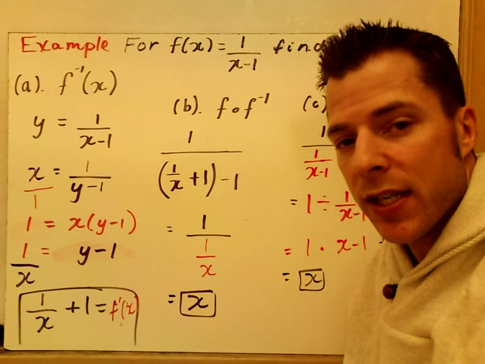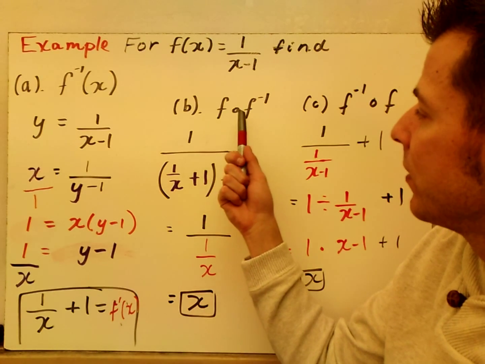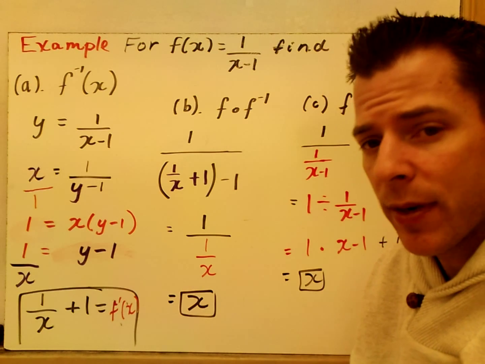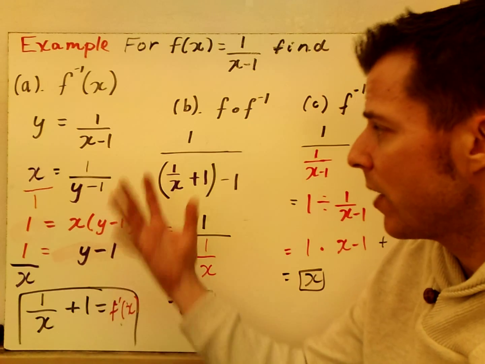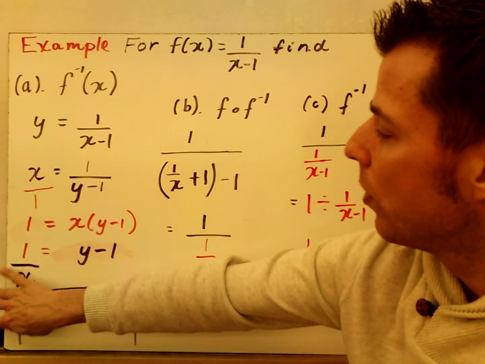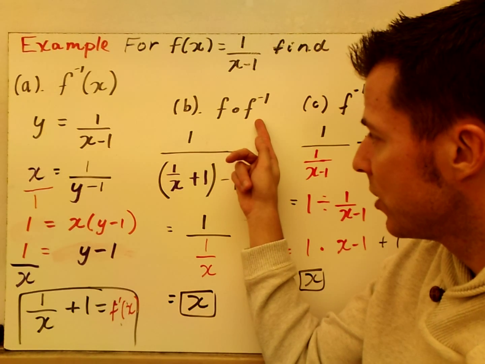Now, I do know this is the inverse. Mathematically we're correct, but let's just check. So f composed with f inverse. Now we've talked about composite functions before, so that's why I didn't redefine those composites for you. So what we have to do here is we plug one function into another. So our second function is the inverse.